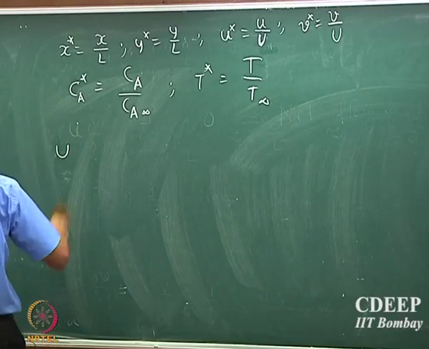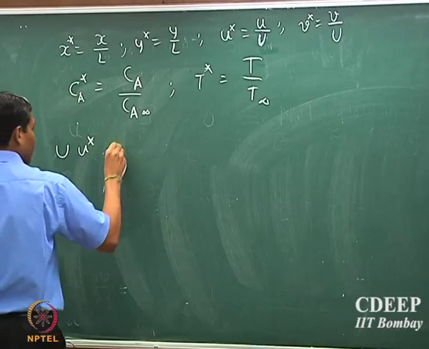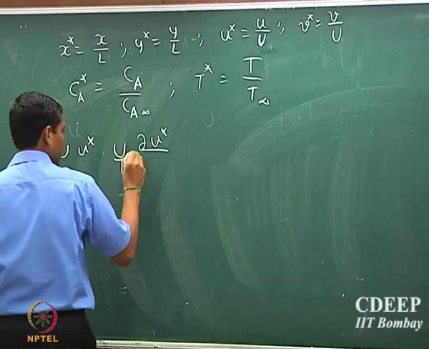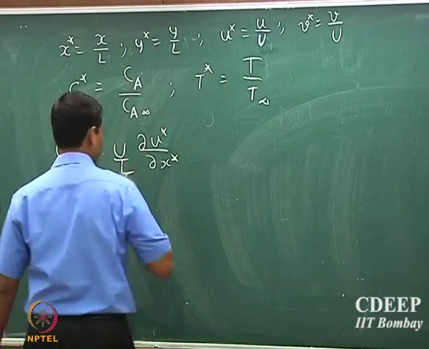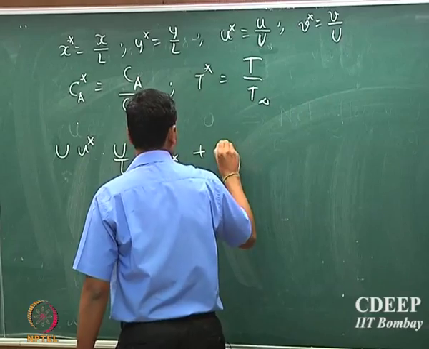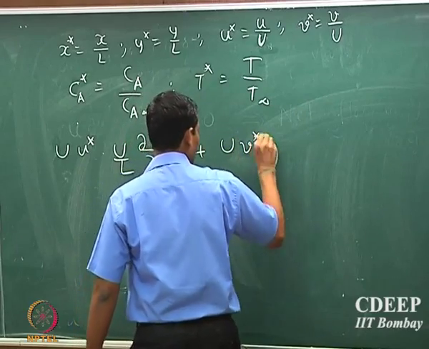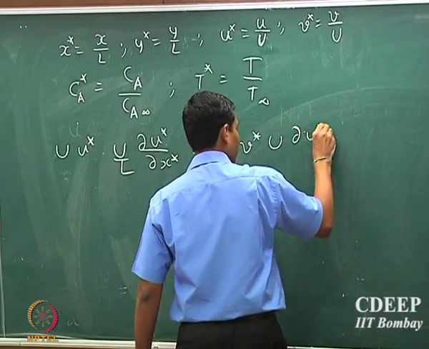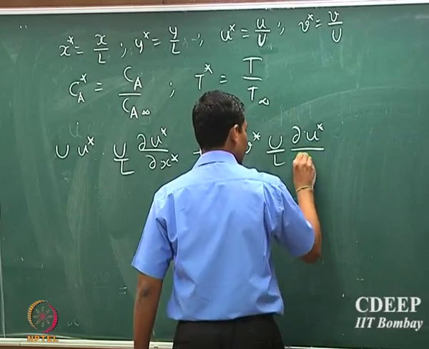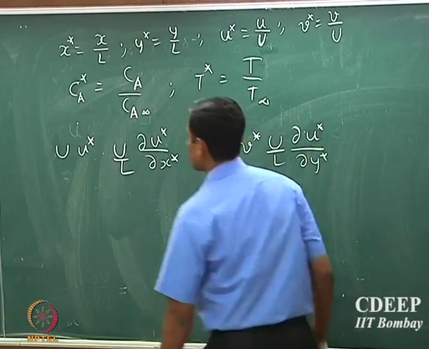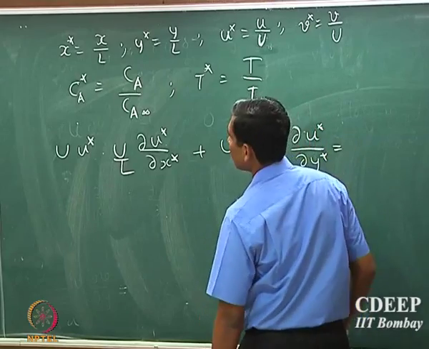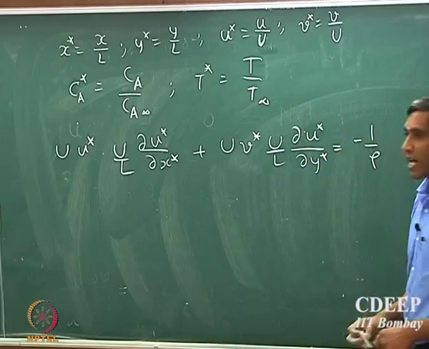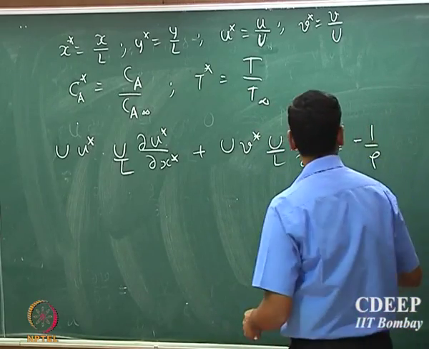U squared into u star du star by L dx star plus U squared into v star du star by L dy star, okay. That is equal to minus 1 by rho. Now pressure you can actually scale with rho U square.